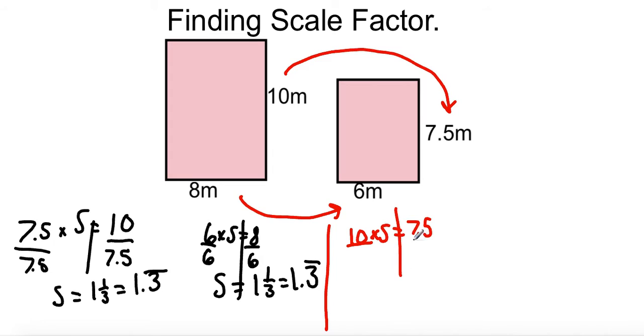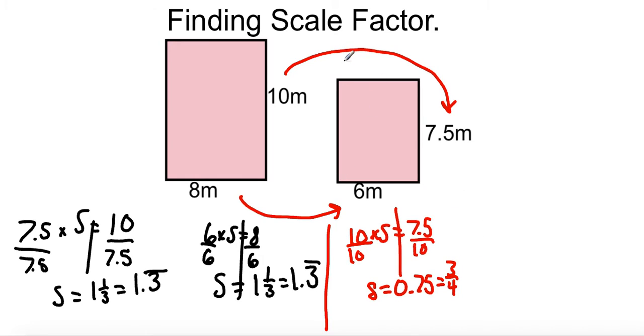Once I solve for s on both sides, I'll get that my scale factor is equal to 0.75, I should say. That's 0.75. Or you could also write it as a fraction as 3/4.